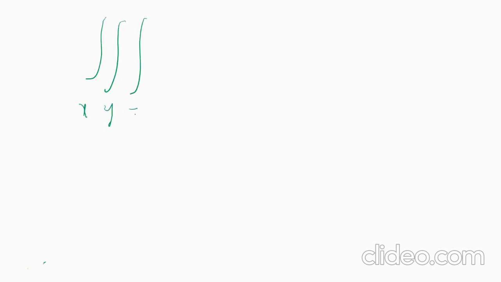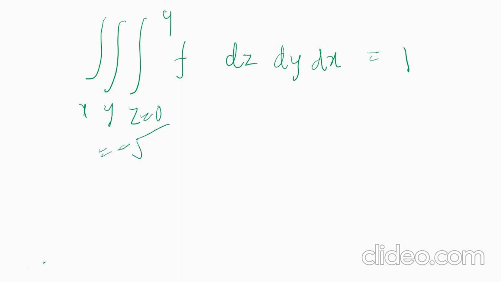Now the joint distribution is constant. So what is given here is that f of x, y, z is equal to constant in this region, where x squared plus y squared is less than or equal to 1 and z is from 0 to 4.